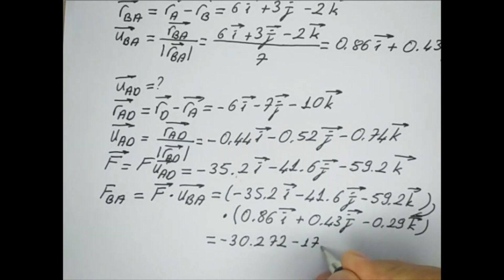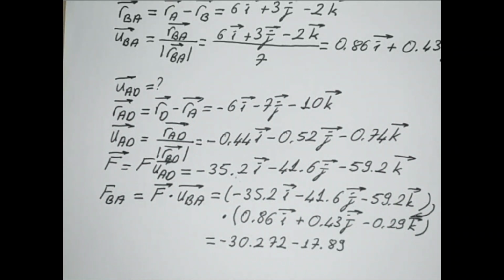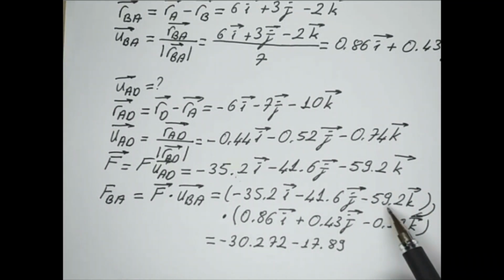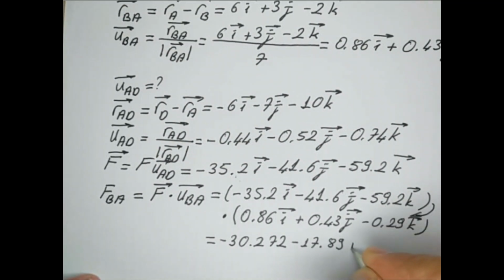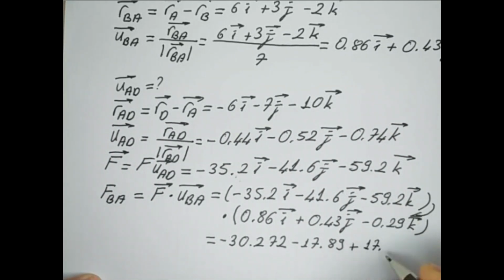And now considering the z component, minus 59.2 multiplied by minus 0.29, and minus times minus is positive, so this is 17.168.